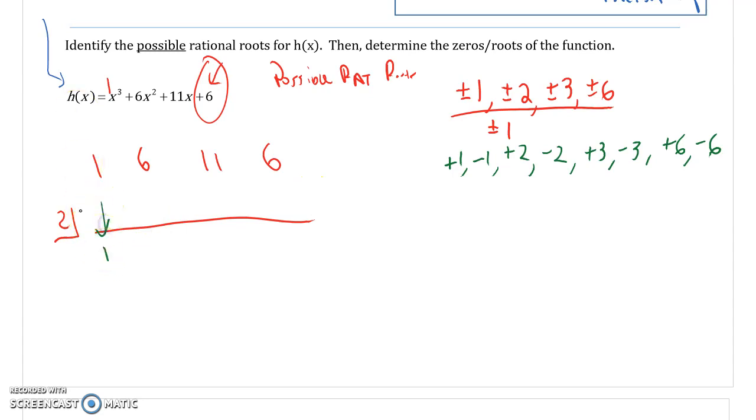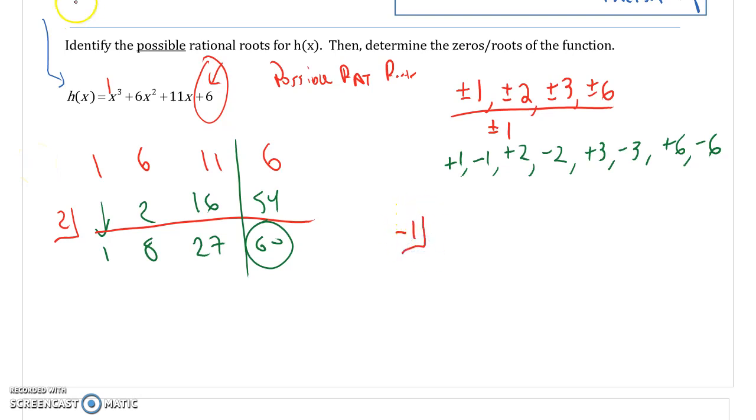I go through the synthetic division process, and you'll notice this is getting way too big way too quickly. Oh, the remainder is not 0, so obviously 2 is not a 0. So I might try a few. You might be thinking, hey, I should probably try something negative. So why don't we try something like negative 1?